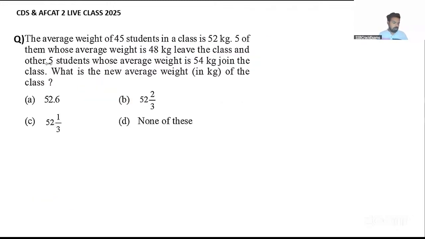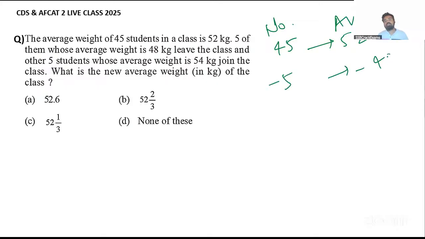The average weight of 45 students in a class is 52 kg. Five of them whose average weight is 48 kg left the class, and other 5 students joined whose average weight is 54 kg.